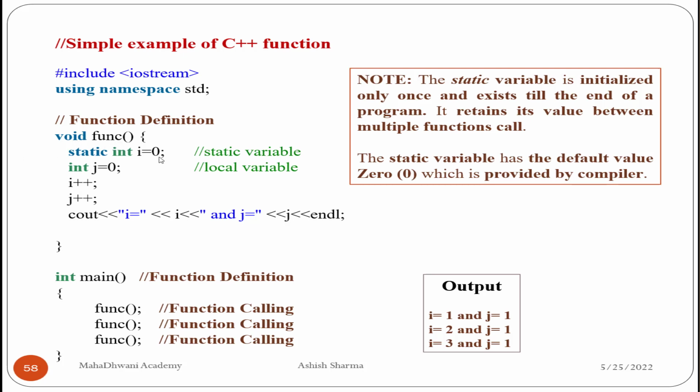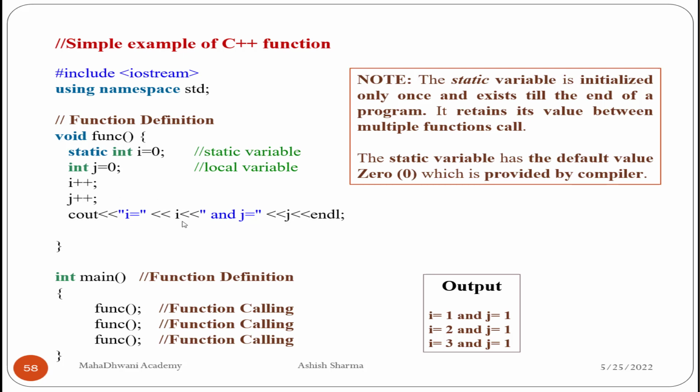So the value of i was 1, the value of j was 1, but when the function executes again, the value of i is still 1 because it retains the value. It holds the value till the end of the program, but j will not retain. It is a normal variable. So again j will become 1 and i will become 2.